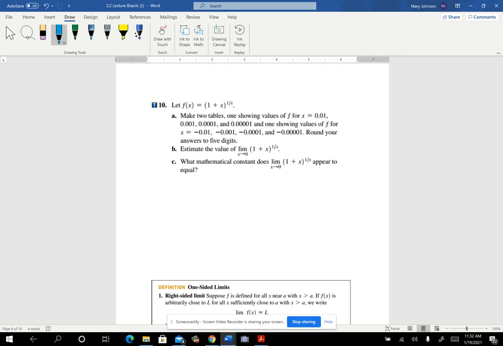And so here's the 0. So we're looking at what happens when we're way out here, and then we're going to look at 0.001, and then 0.0001, and then 0.00001. And then we're going to do the same over here. We're going to be out at negative 0.01, and then negative 0.001, and so on.